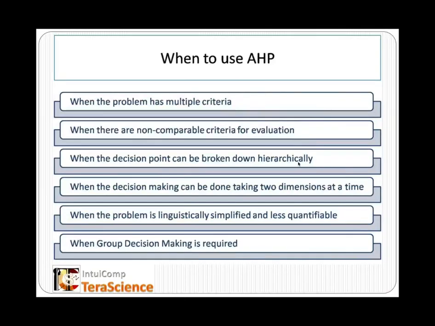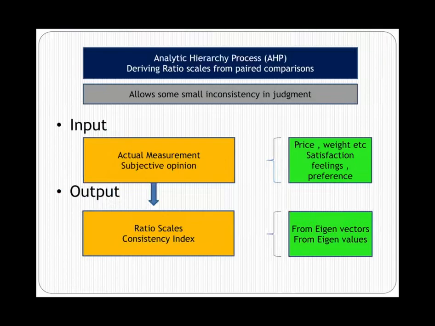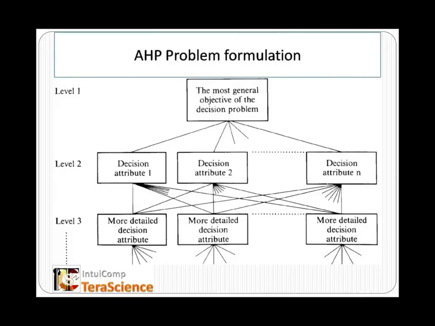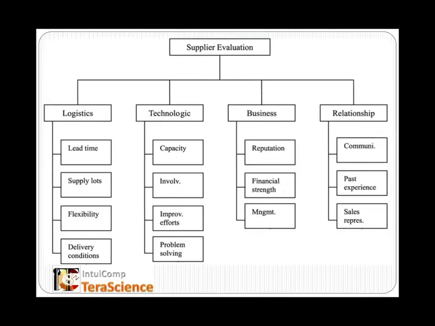Now, let me give you an example. You can look at this AHP problem, this supplier evaluation. For example, we want to evaluate a supplier. Supplier can be any person who is supplying any information or any material to other persons. So we want to evaluate him or her. So we break it down into 4 parts.